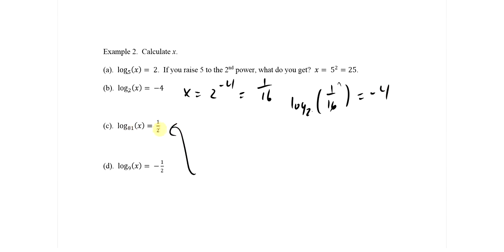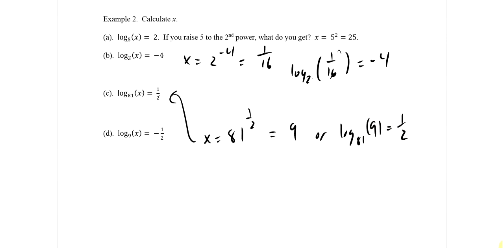What's 81 to the 1/2? Base raised to this power should be this number, so that's 9. Or log base 81 of 9 equals 1/2.